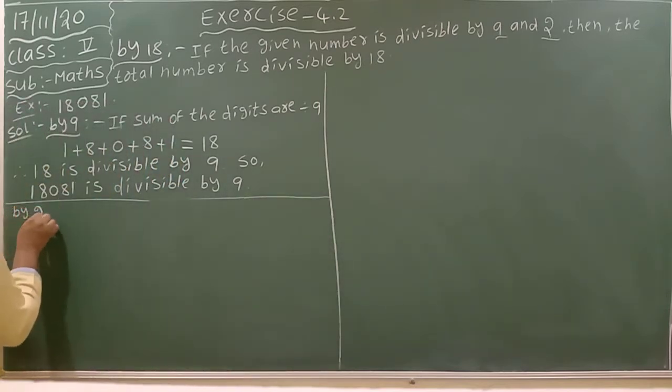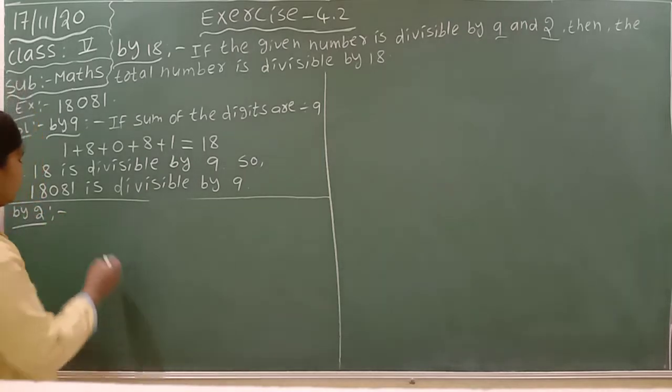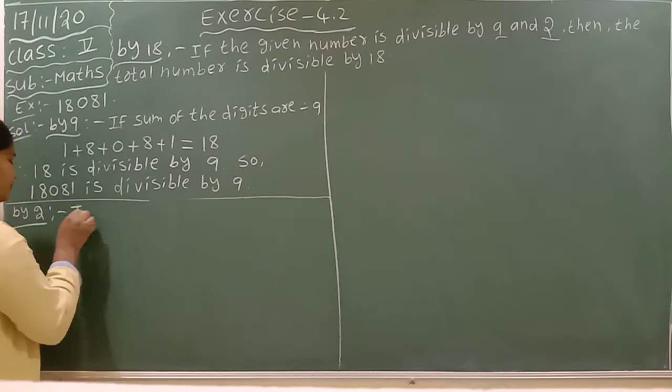Now check the by 2 rule. What is the by 2 rule, children? The last digit is an even number.